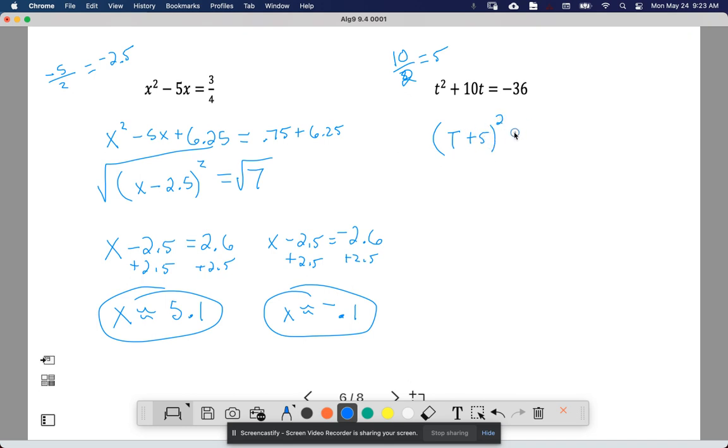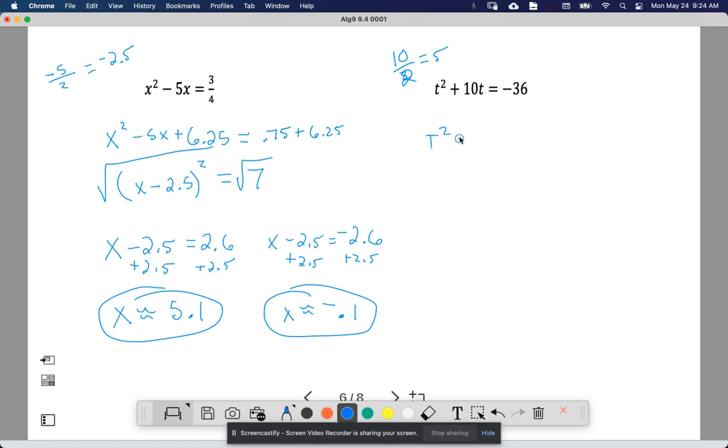squared is going to equal. So I have a minus 36. And unfortunately, that was 25 if you jumped it. So we're adding 25 to both sides. Actually, you know what? Let me slow down because I know I'm probably going to lose some people. So we went like this.